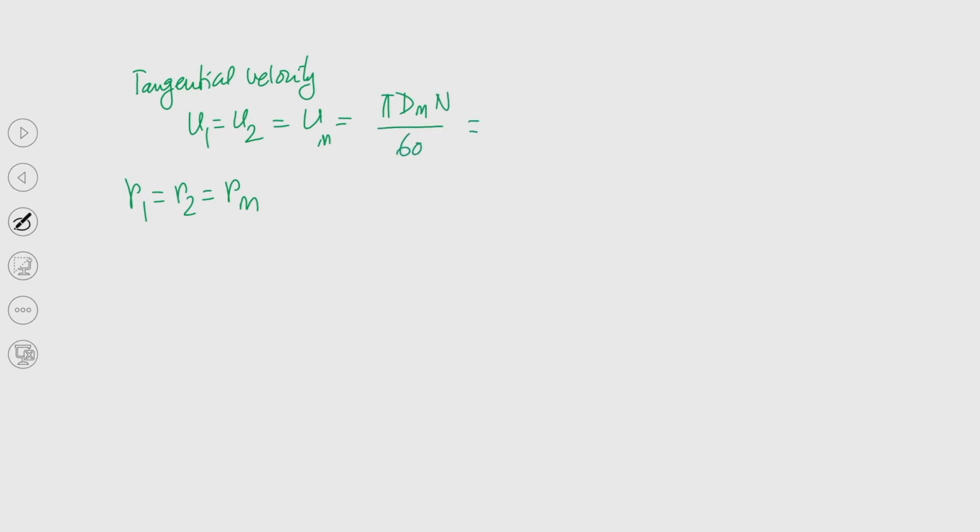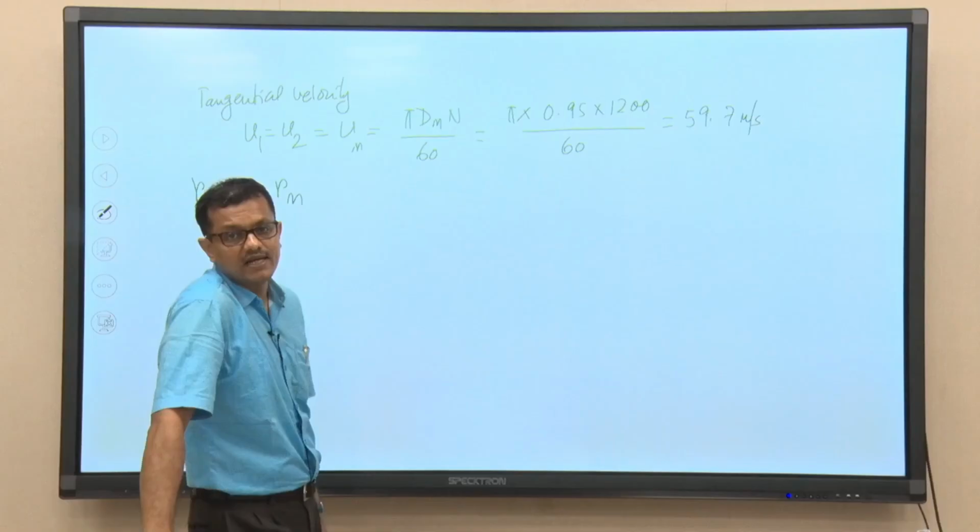Okay. So, if you calculate, pi dm we have calculated, that is nothing but 0.95 meter. It is given 1200 rpm divided by 60 and it will be coming 59.7 meter per second. So, again I am telling unit is very important. If you do not write unit, you may not get full credit.